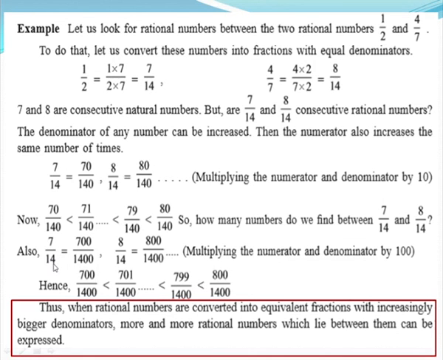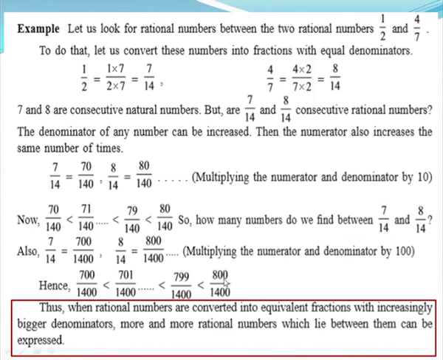That is, if you multiply the denominator by 100, you will get 1400 in the denominator. Similarly, 700 in the numerator, because when we multiply the denominator by any number, we multiply the numerator also by the same number. So 700 upon 1400, and 8 upon 14, on multiplying by 100, we get 800 upon 1400.